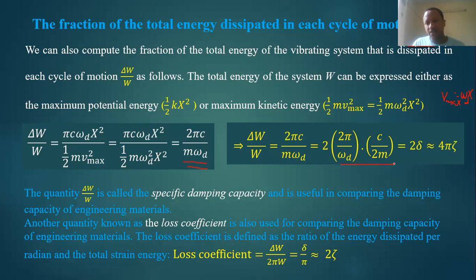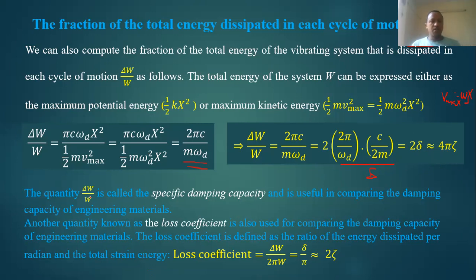This term is the delta term, the logarithmic decrement in our previous discussion, where delta is equal to 2 pi zeta. Again, delta is equal to 2 pi zeta. So the ratio delta W over W is equal to 4 pi zeta.